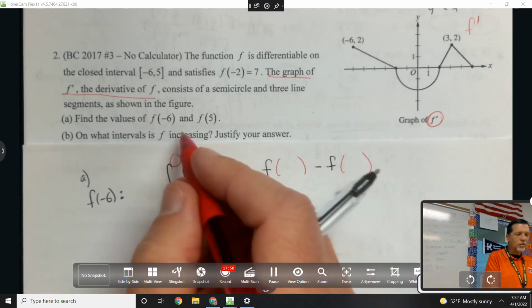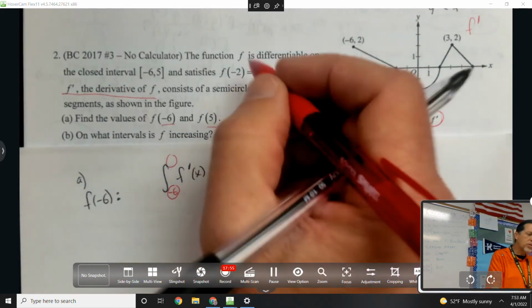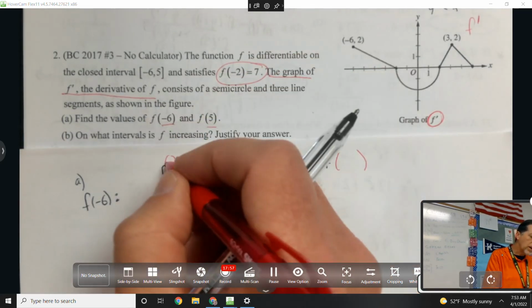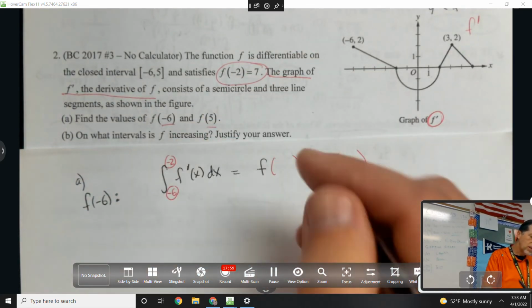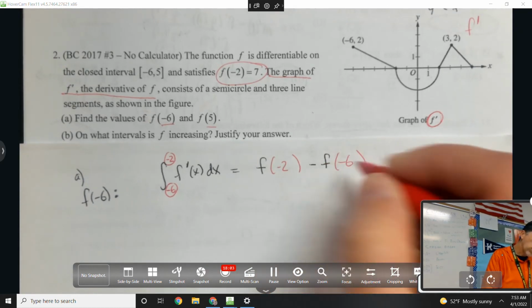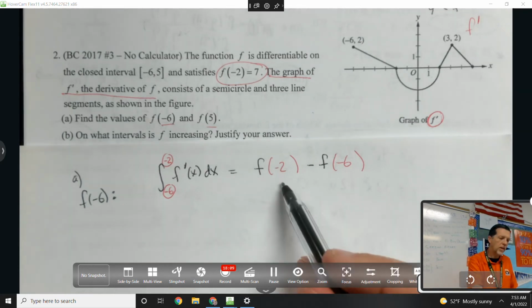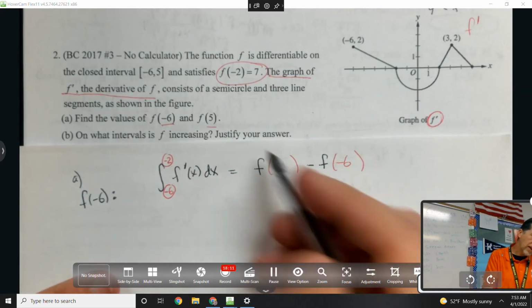So this is a little bit misleading. It's like, oh, let's use negative 6 and 5. But let's use negative 2 because we know negative 2. So I'll go from negative 6 to negative 2, which means f of negative 2 minus f of negative 6.